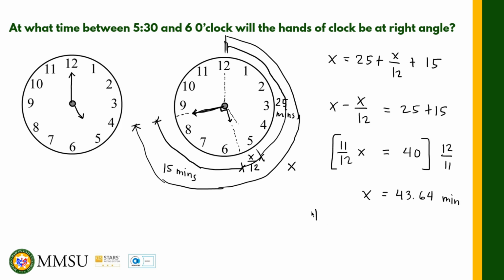So the time is 5:43.64. Okay, so if you want to express this in minute seconds, ano lang ito, 5:43, tapos yung 0.64 i-multiply lang natin ng 60, so that's 38. Yan, so 5:43:38. That is the exact time when the hands of the clock form a 90-degree angle. So that's the answer for this problem.